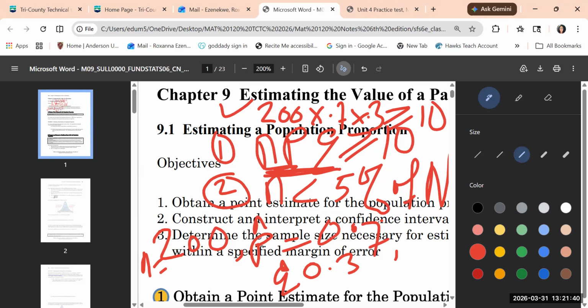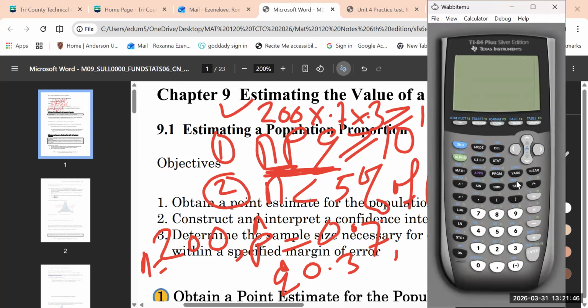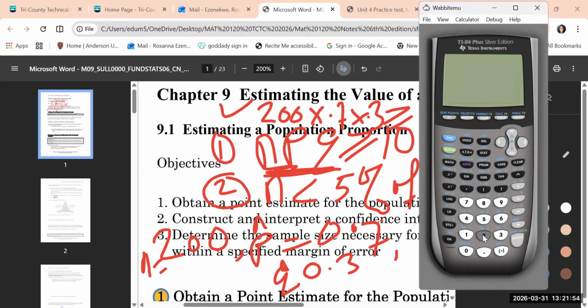I don't know if I shared my calculator. I better share it. Anyway, multiply that 200 multiplied by 0.7 multiplied by 0.3.